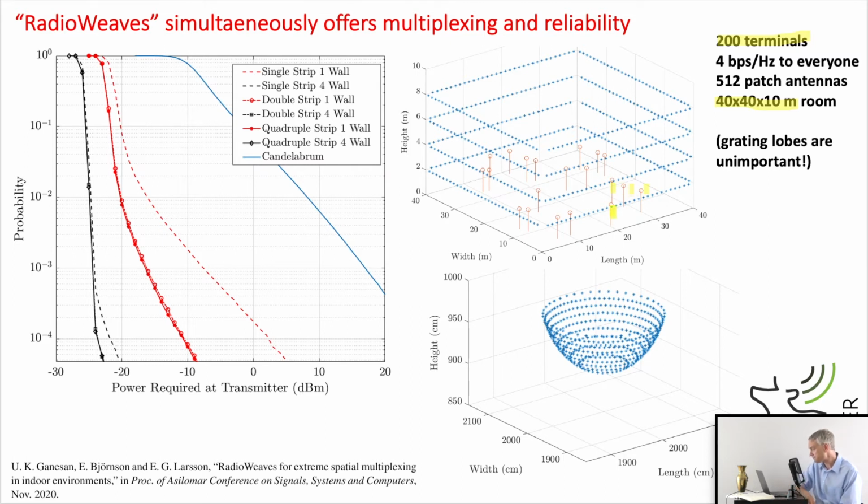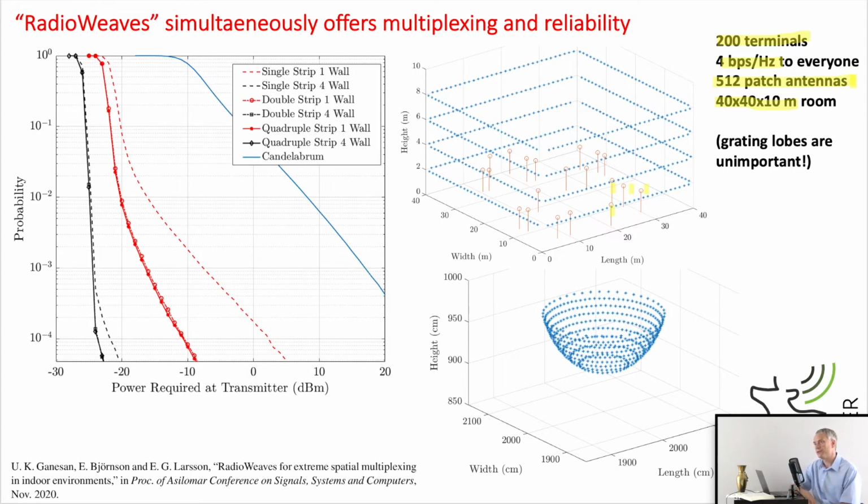And we want to offer everyone a 4 bits per second per hertz spectral efficiency simultaneously. So simultaneously means that if we run OFDM, for example, then all these users get 4 bits per second per hertz on all the subcarriers in the system. And we want to do this by using 512 patch antennas.